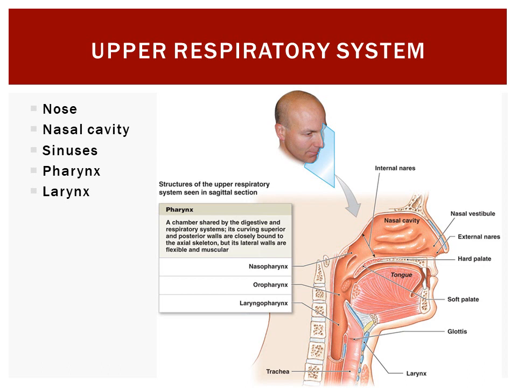Here is a sagittal section image of the upper respiratory part. The air that you breathe will be filtered, warmed, and humidified in the nasal cavity area before the air goes to the lower respiratory system. Okay.